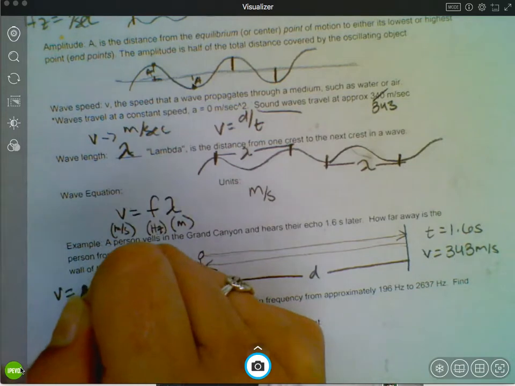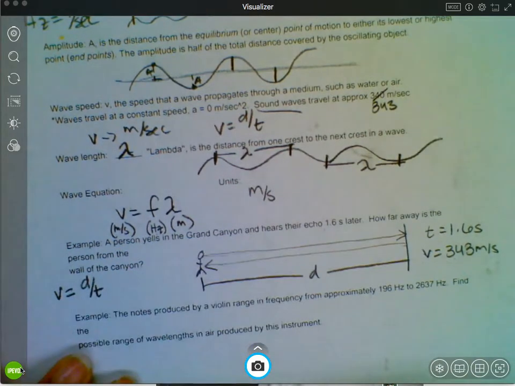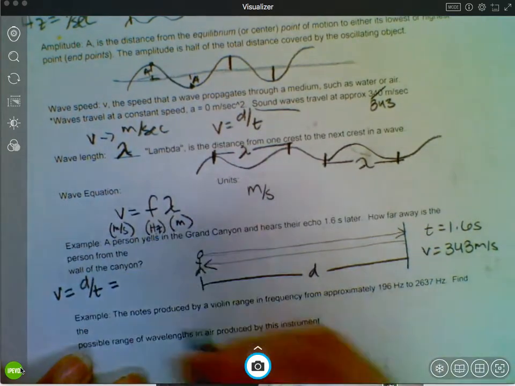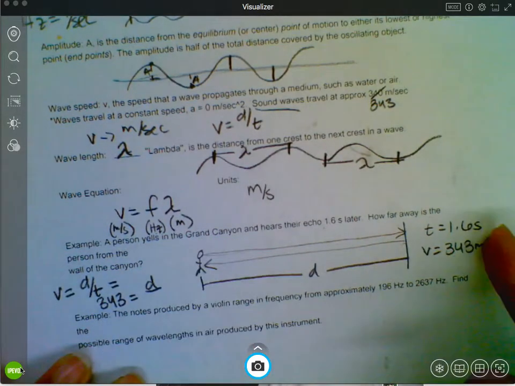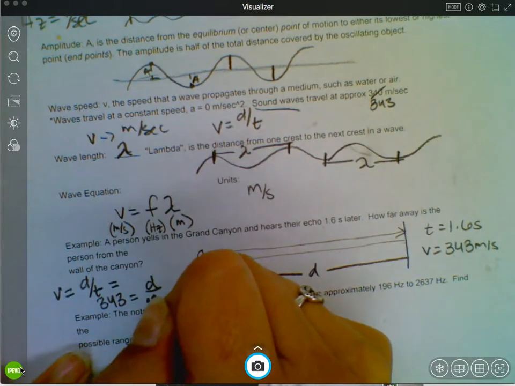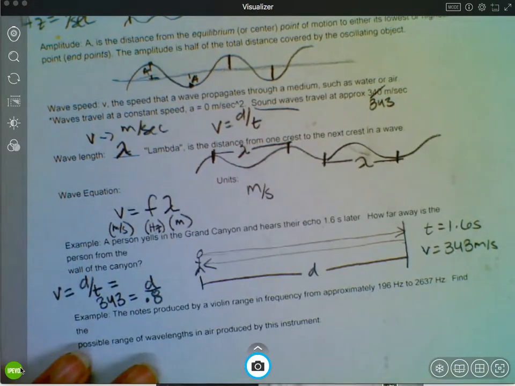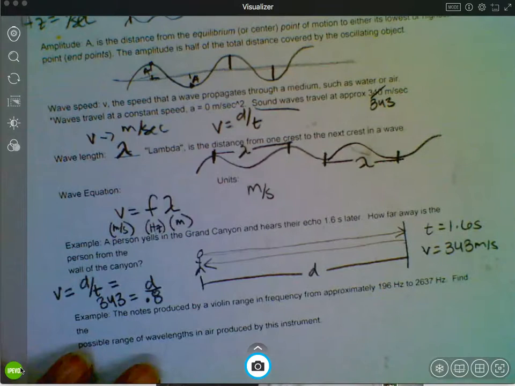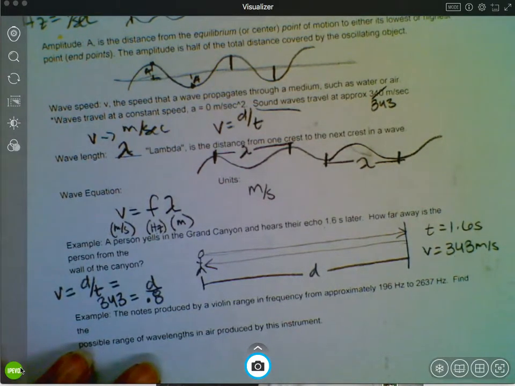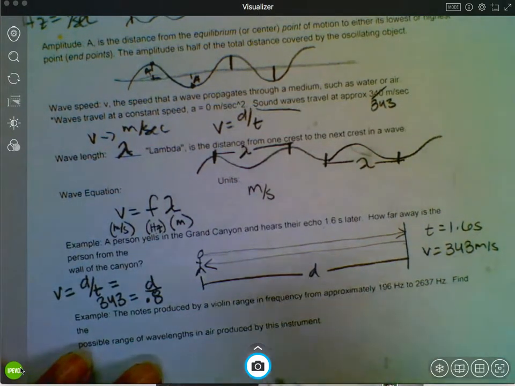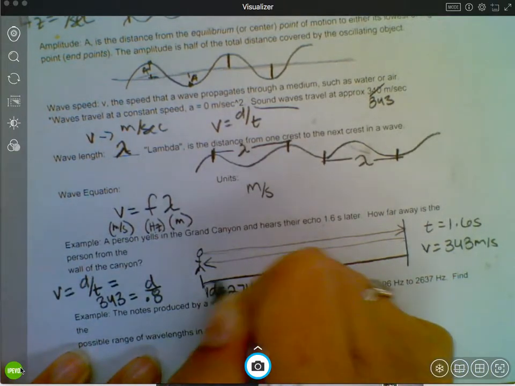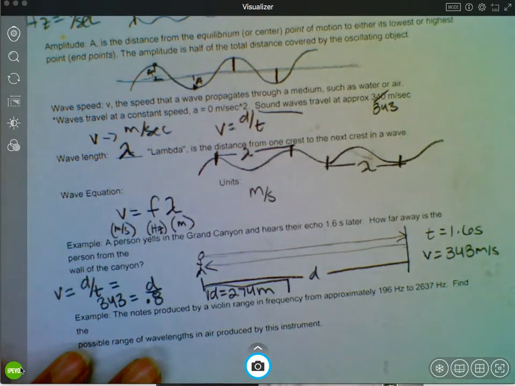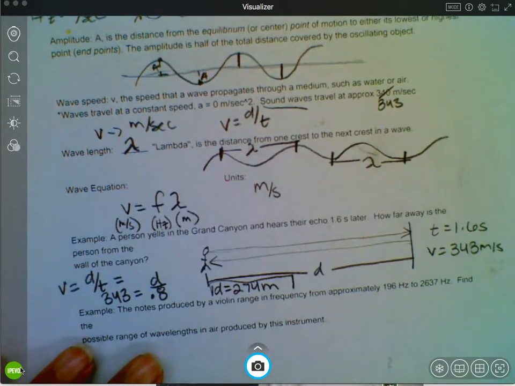So I have V equals D over T, okay, where V is 343. And then T would be half of that, so 0.8. Okay. And then if I multiply, I get 274 meters. That's how far away the wall is. Okay?